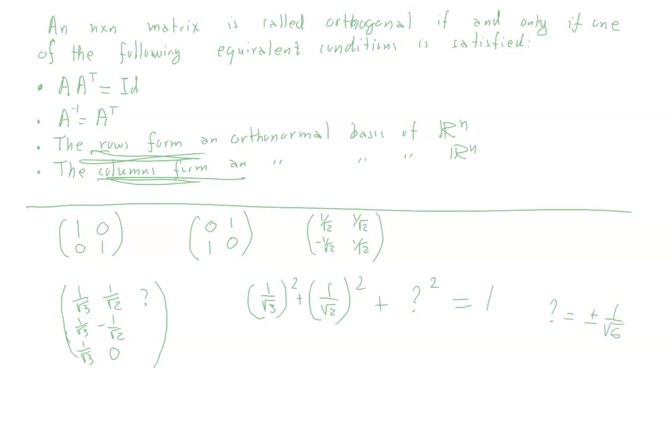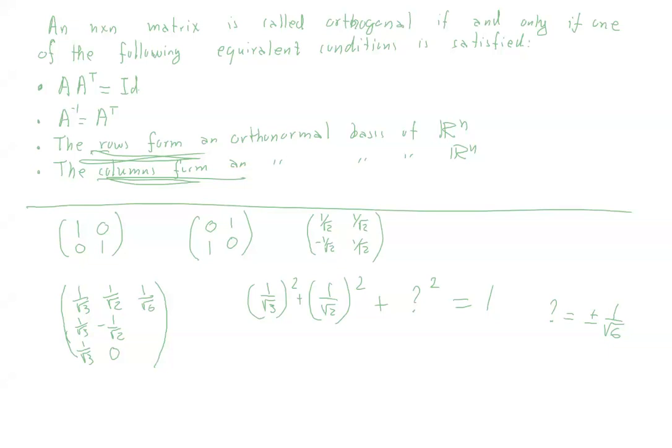For the moment, I'm going to put just 1 over square root of 6, reserving the possibility that it's going to actually be minus 1 over square root of 6. Basically, I'm going to find the numbers in absolute value, meaning without the signs, and eventually I'm going to figure out what the correct signs are.